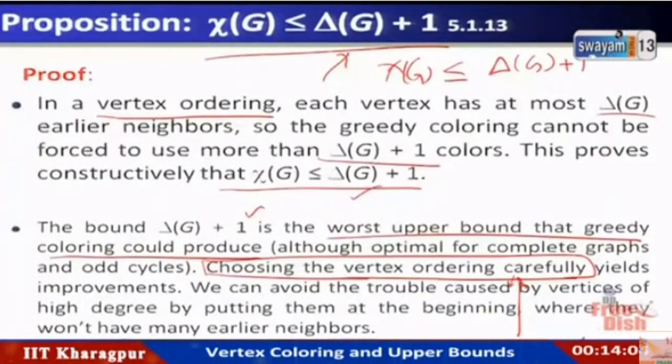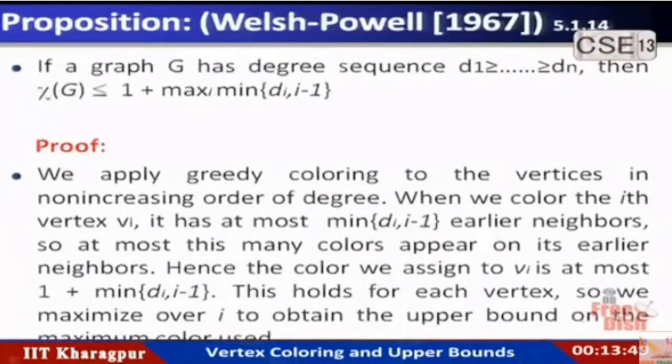Hence, you can easily start the color, and obviously the number of colors required will be quite less, or it will improve this particular bound of the greedy coloring algorithm.